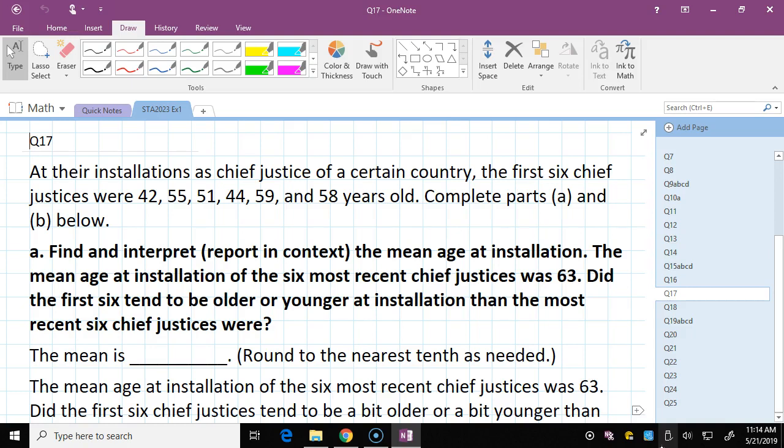Then it also says the mean age at installation of the 6 most recent justices was 63. Did the first 6 tend to be older or younger at the installation than the most recent 6 Chief Justices were? It's like a tongue twister. All right, so first things first, let's focus in on the mean. How do you find the mean?